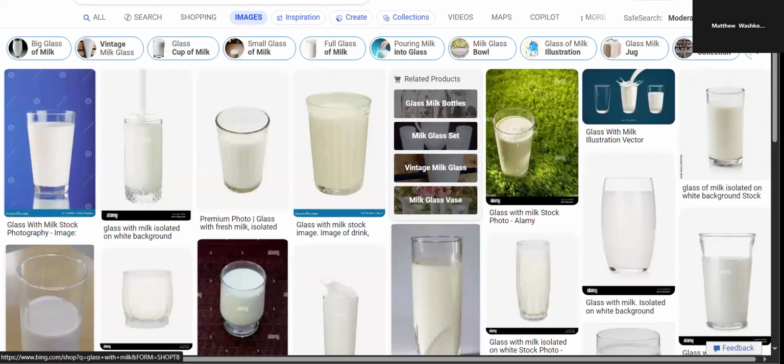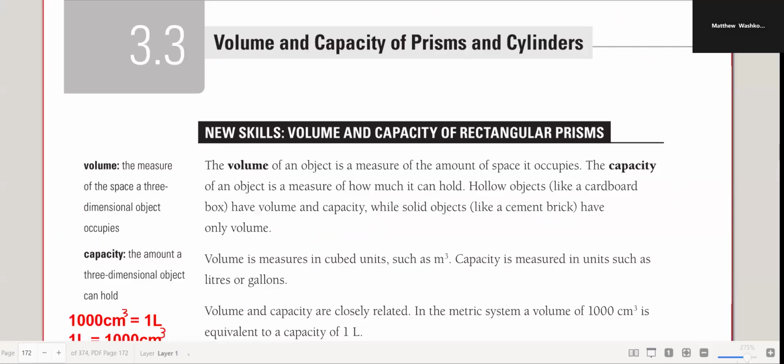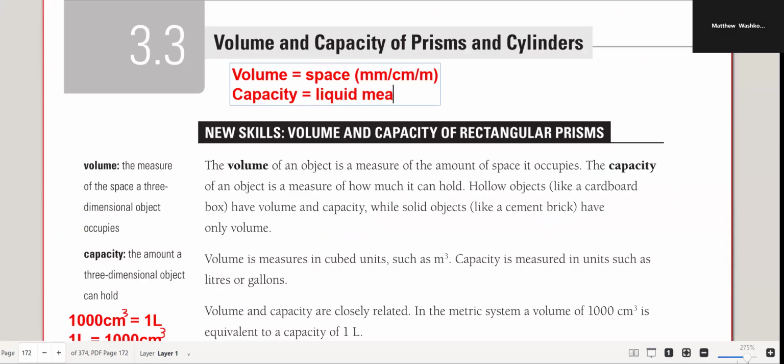We measure that in liters, milliliters, gallons, stuff like that. Okay. So the difference there primarily is that, again, volume is equal to space, and it's usually stuff like millimeters, centimeters, meters. Whereas capacity is liquid measurement, things like milliliters or liters or gallons.